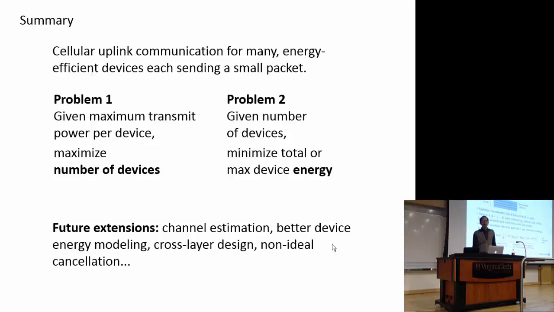Our assumption is that for a given number of bins, you have a given bandwidth for that subband, W over B hertz, and if the device wants to communicate over that, it needs to transmit with a certain amount of power to send those bits over that frequency resource.